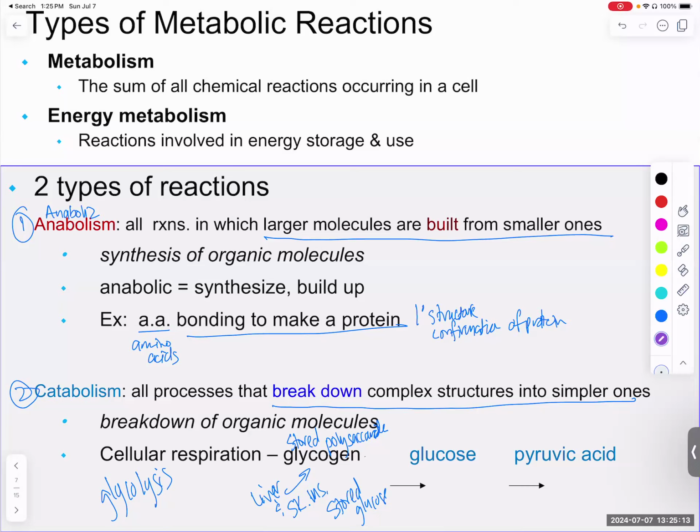And so you can catabolize or break down glycogen into glucose molecules. And then each glucose molecule can go through glycolysis. I'm not a great speller, as you guys realized. And that's going to break glucose down into two pyruvic acid molecules. Again, breaking one molecule down into two smaller ones, right? Glucose is 6 carbons, and pyruvic acid is really 3 carbons. And so you're breaking down.